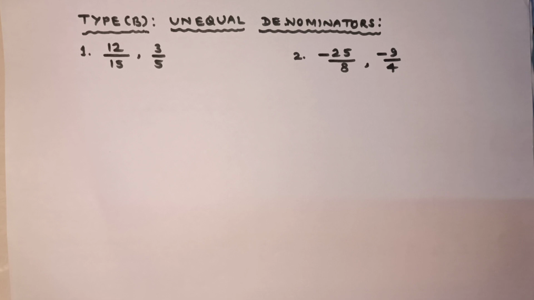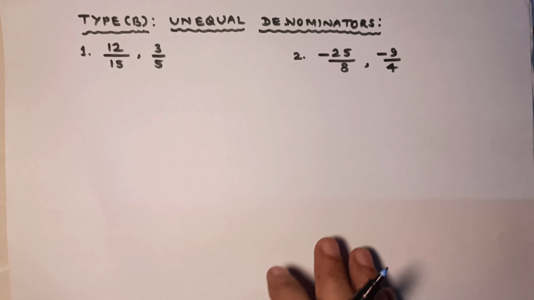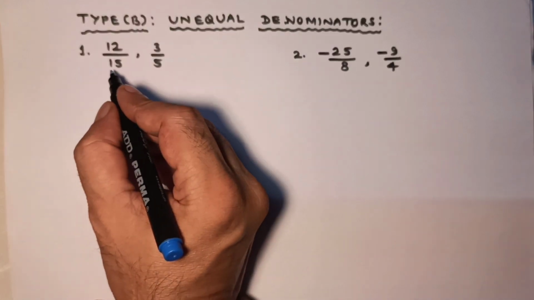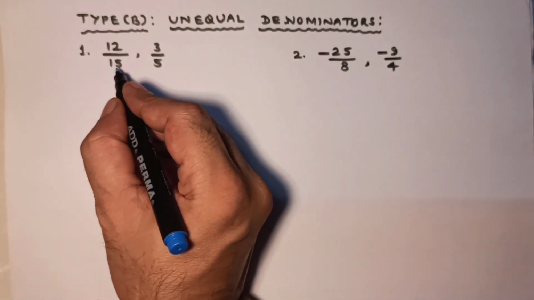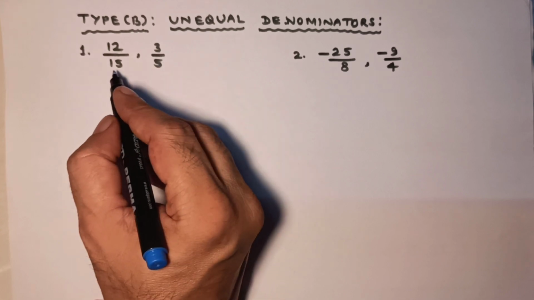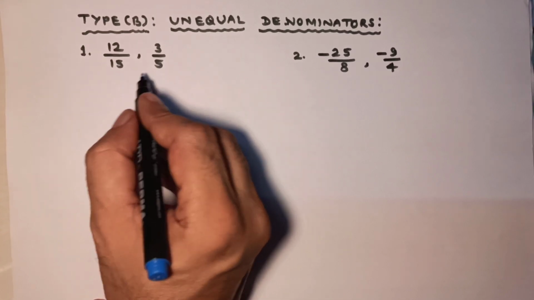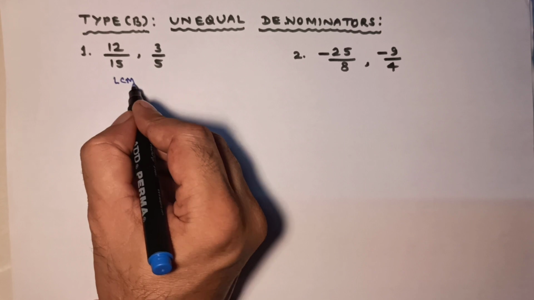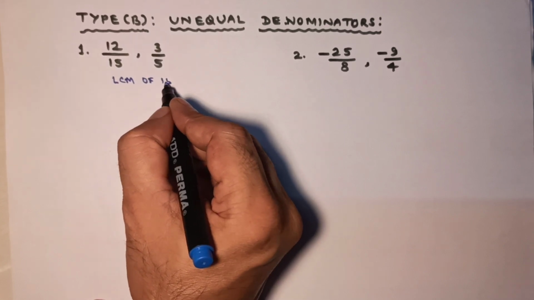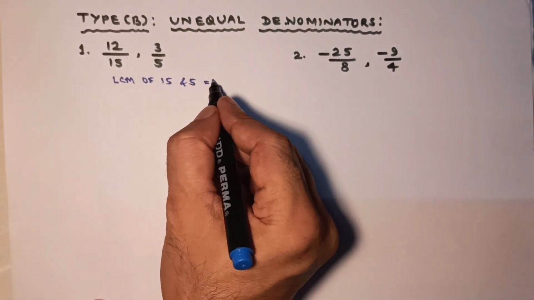Now we'll go to type B, where we have unequal denominators. In this we have to make the denominators equal. Once we make the denominators equal, it becomes a problem of the previous type and you can solve it easily. Now let's see the first question, 12 upon 15 and 3 upon 5. Here the denominators are different, 15 and 5, so you can find the LCM of 15 and 5, which is 15.